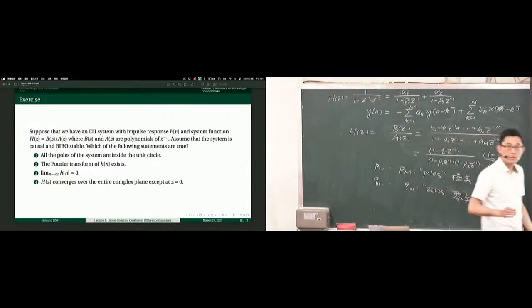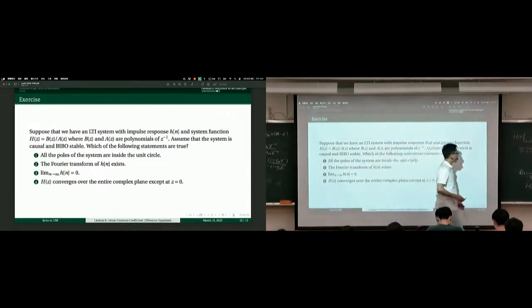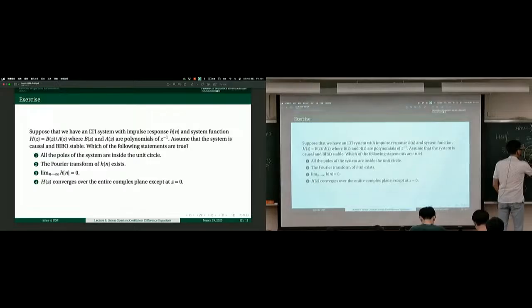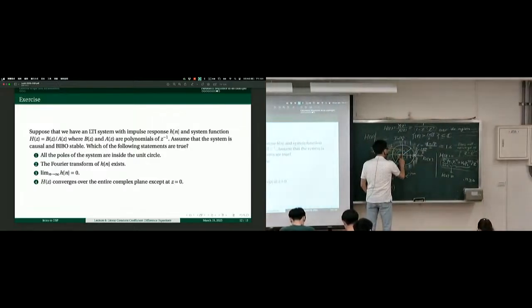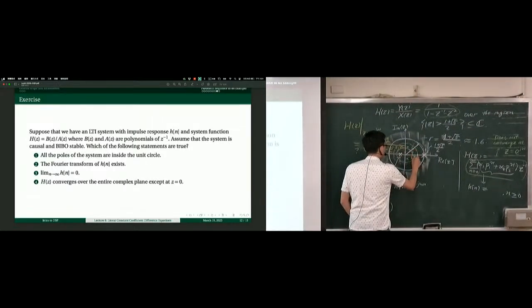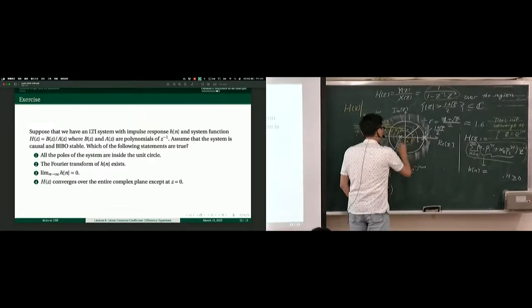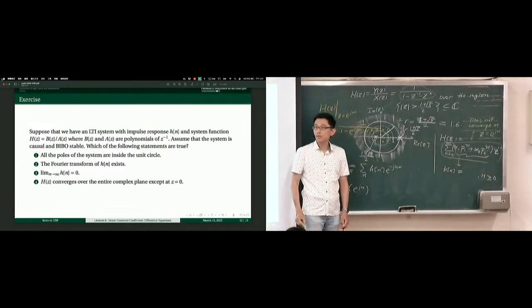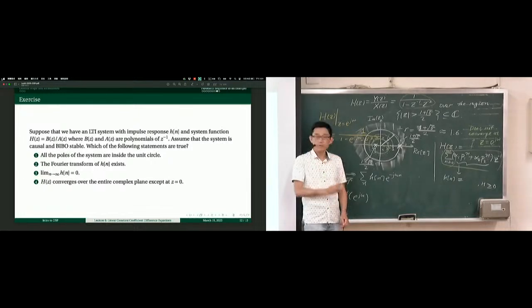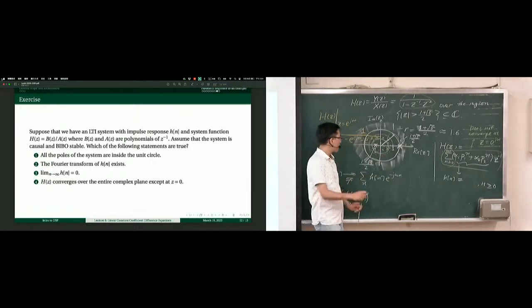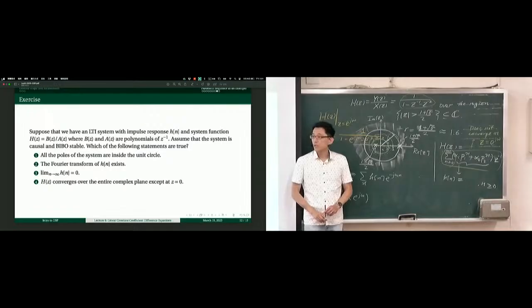My answer to the second statement is also true. If the order of a filter is high, there might be multiple poles, but if all of them are inside the unit circle, then what is the region of convergence?